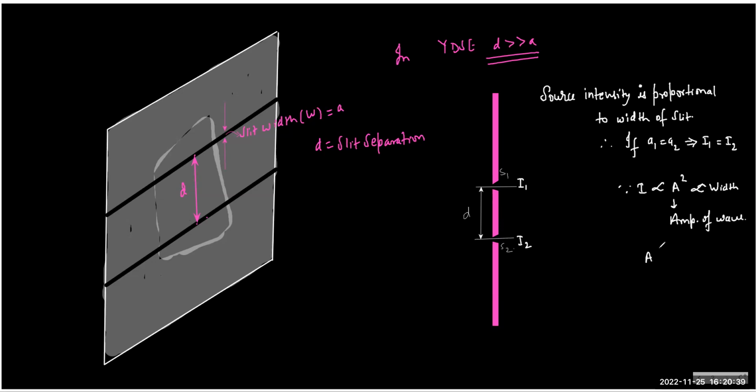So amplitude is proportional to the square root of the width. Now mathematically, interference is a superposition of waves which results in the redistribution of energy.